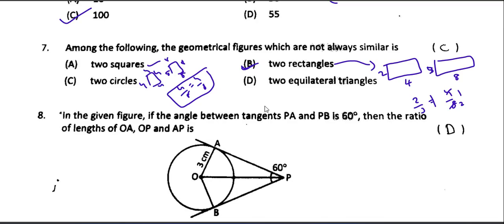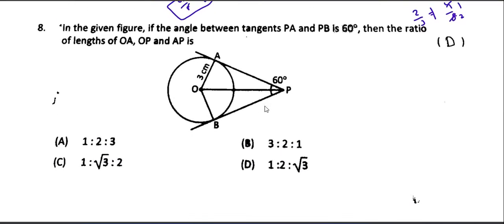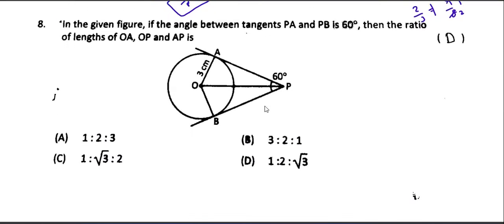Next, 8th one. In the given figure, if the angle between the tangents PA and PB is 60 degrees, then find the ratio of the lengths OA, OP and AP. Now see here, this is 3. So this angle is 60 degrees, this one 30, this one also 30.